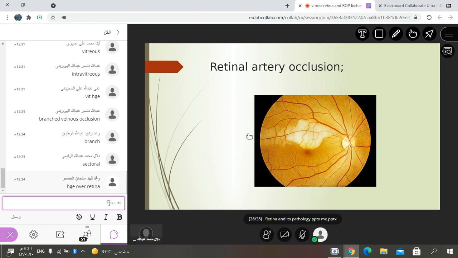Okay, this is a picture of the right retina, and there is ischemic whitish near or above the macula. So it's a branch macular artery occlusion or branch retinal artery occlusion. Or branch macular if you want to be specific. In this condition, Dalal, what will you do?